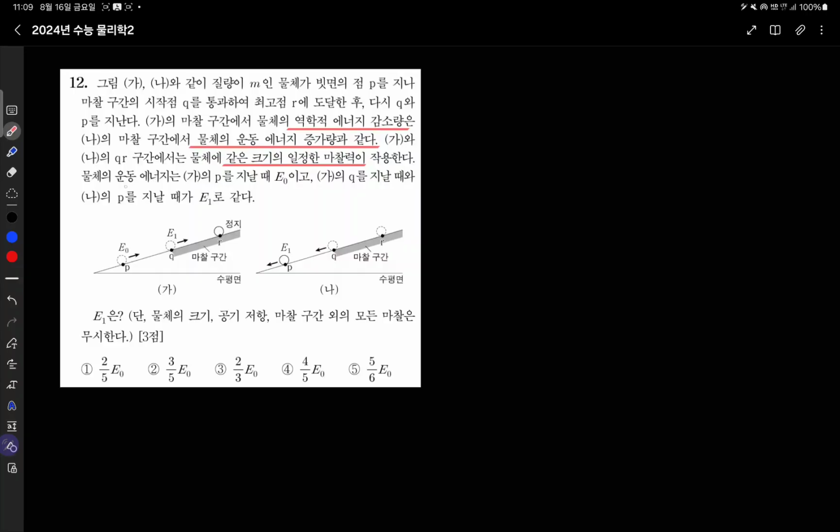And the kinetic energy at the position P is E0 when it starts, and when it comes back, the kinetic energy becomes E1. And that's the same as the kinetic energy when the object goes up at the position of Q.